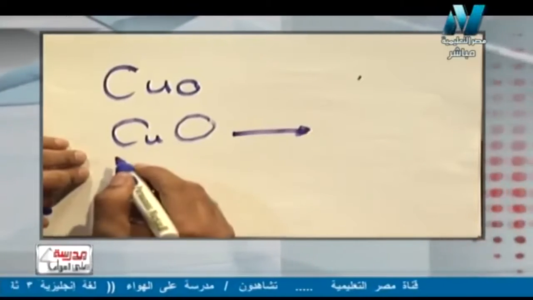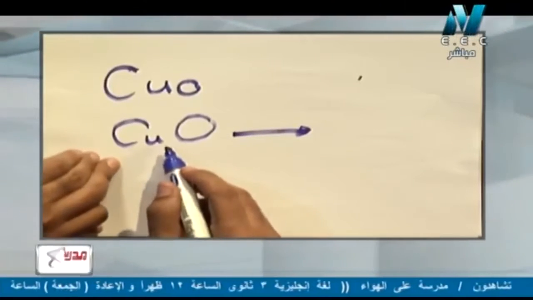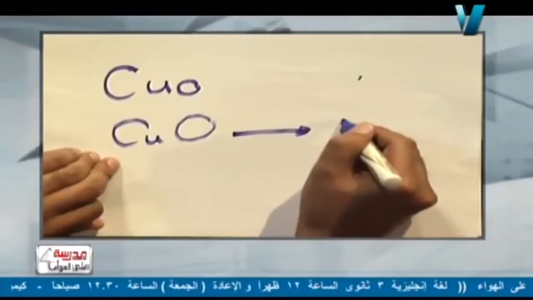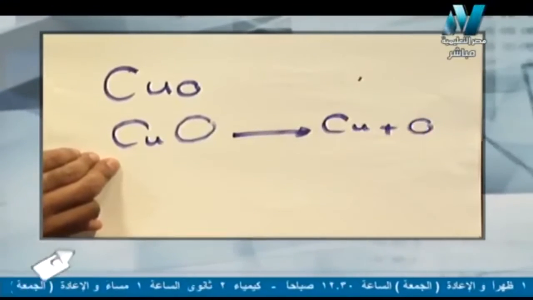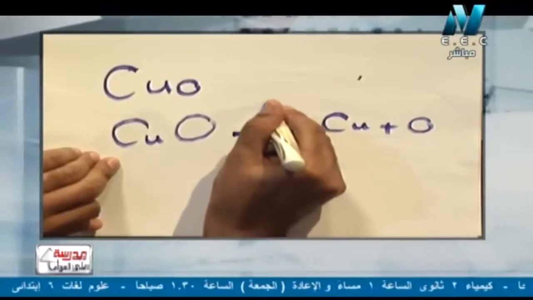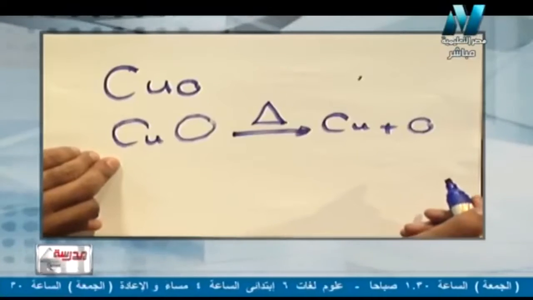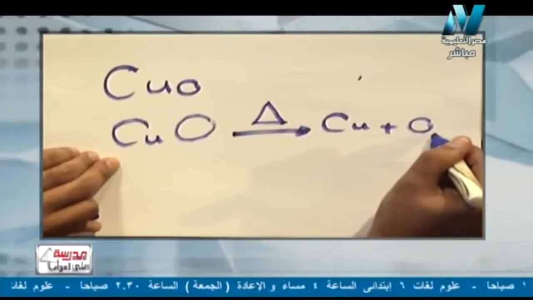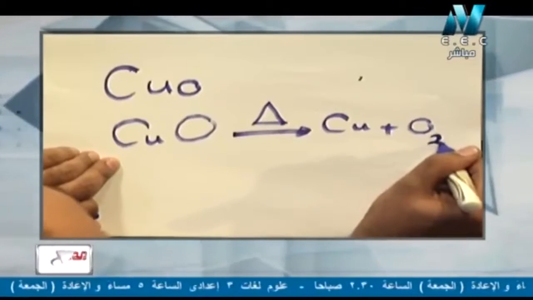If I want to write a chemical equation for this thermal decomposition of CuO, can I write something like that? What's wrong? Firstly, we have thermal decomposition, so we should write a triangle above the arrow. Number two, what's wrong? Oxygen is a diatomic active gas, so we have two oxygen, not only one. As you said before, I must write O2.